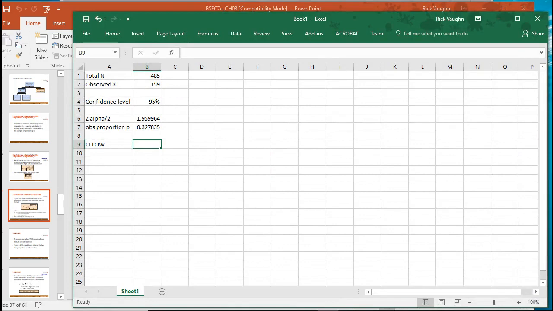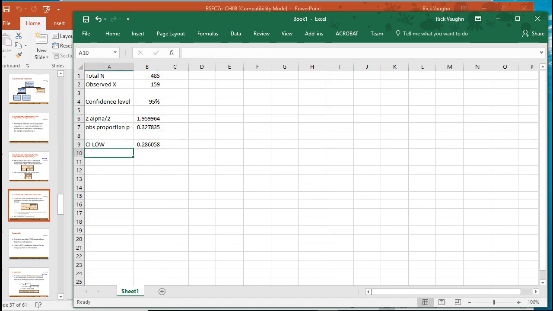So we'll start with equals the observed proportion p minus, because we're doing the low end, the z number here times sqrt, parentheses, p times parentheses 1 minus p divided by n, and then close parentheses for the square root, and press enter.